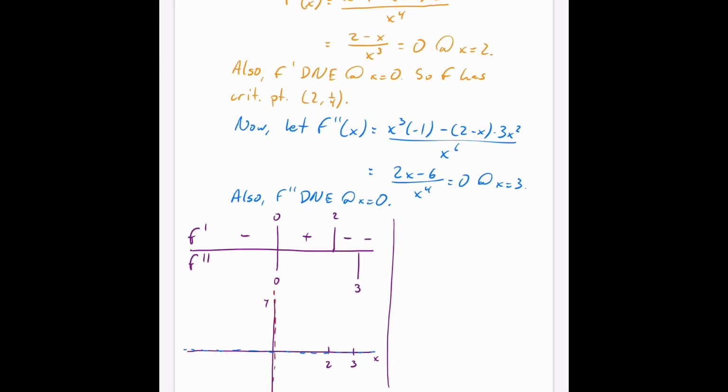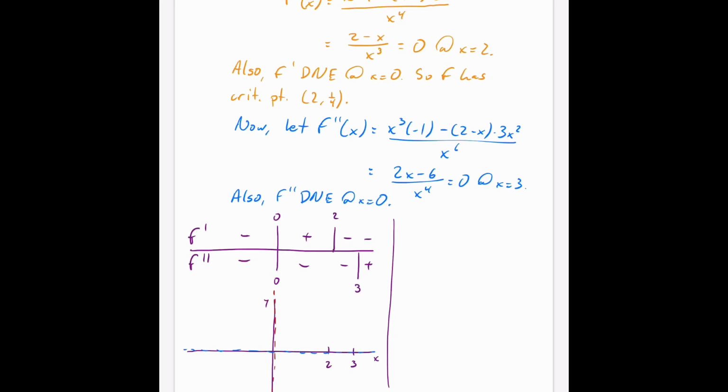That's going to be negative over positive. So you get that. For f double prime, right, we're looking at this now. Plug in a negative number, you get negative over positive. Plug in 1, you again get negative over positive. And then you plug in a positive, you get that. You plug in a bigger positive, you get that.